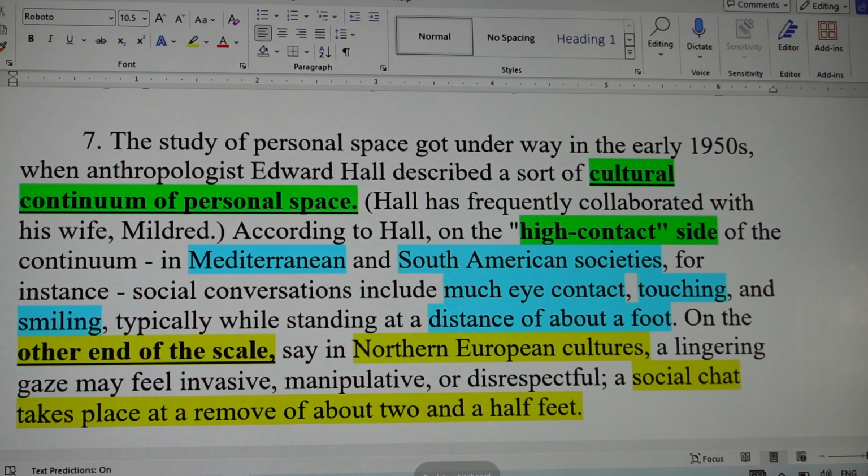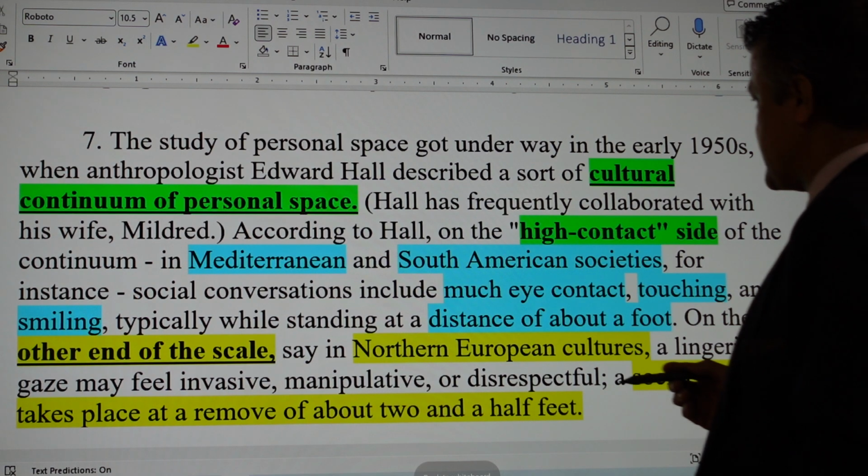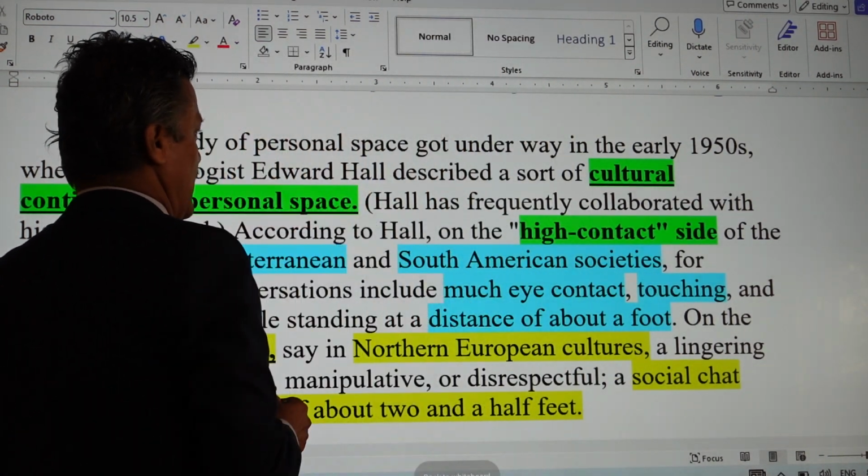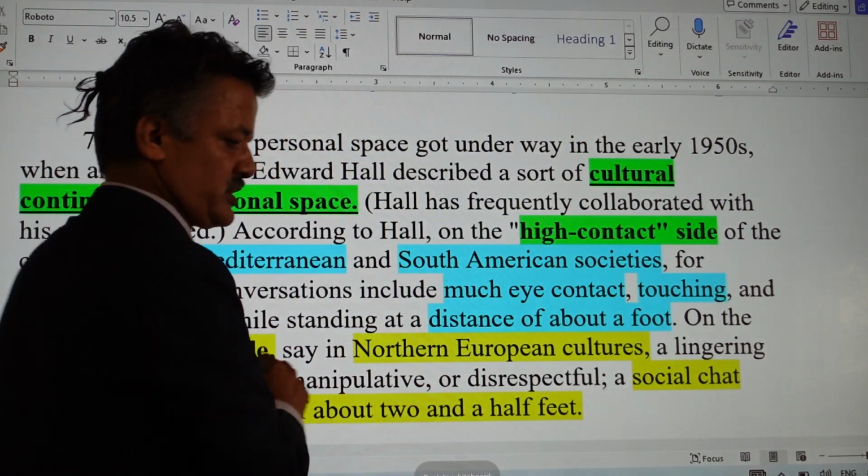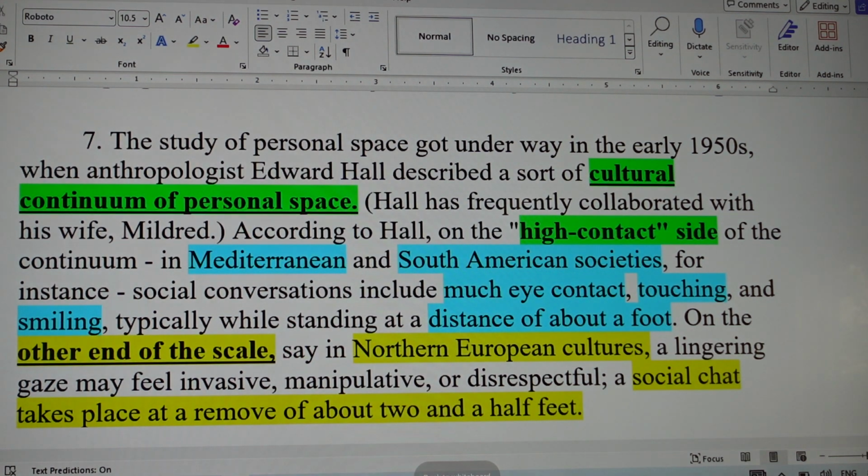Now move ahead. The study of personal space got underway in the early 1950s when, I want someone to read. Okay. Read aloud the paragraph from there. The study of personal space got underway in the early 1950s when an anthropologist, Edward Hall, described a sort of cultural continuum of personal space. Hall has frequently collaborated with his wife, Mildred.